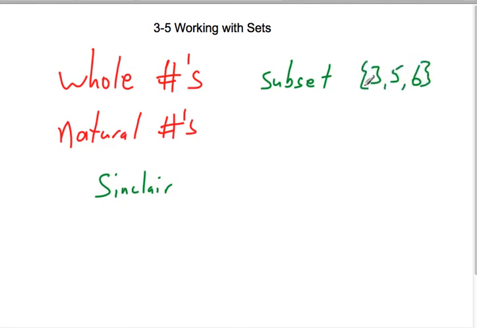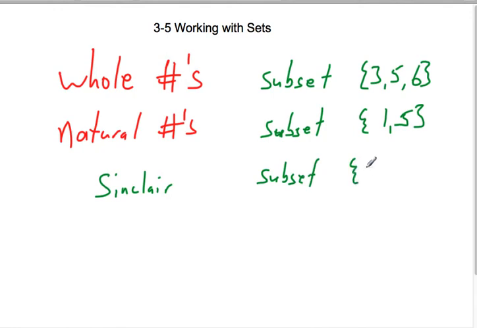Certainly all those numbers are whole numbers, so they would be a subset of the whole numbers. You could have a subset of natural numbers. A subset of natural numbers might include 1 and 5. You could have a subset of the letters in my name. So for instance, I, R, N, S. So that would be a subset of some of the letters in my name.